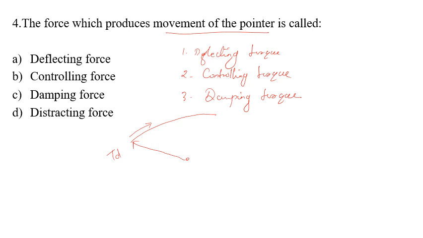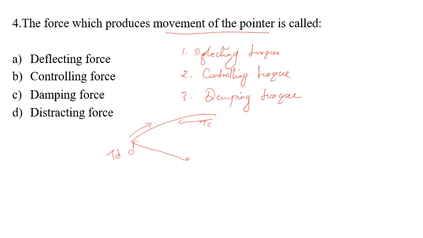Controlling force is the force which is needed to control the movement of the pointer. Normally, controlling torque is represented as Tc, which always acts in the opposite direction to the deflecting torque, to control the movement of the pointer from the zero position to the required position.